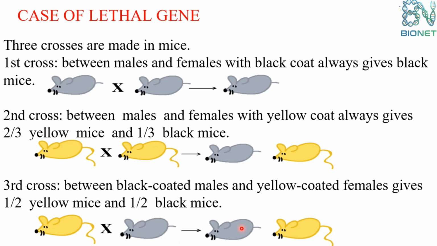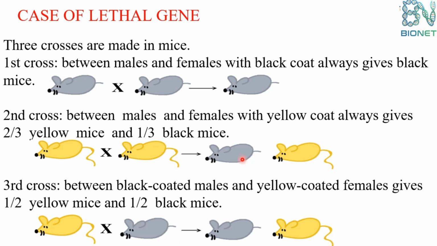Since the phenotypes are equally distributed between the descendants, we can't know which one is the dominant and which one is the recessive. So from the second cross, we have concluded that the allele determining the black color is recessive and the allele determining the yellow color is dominant.